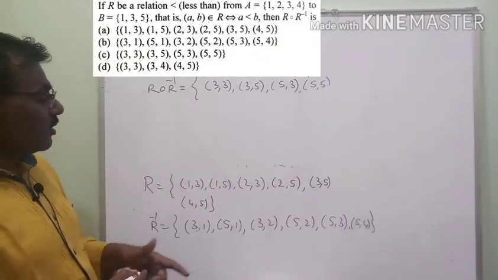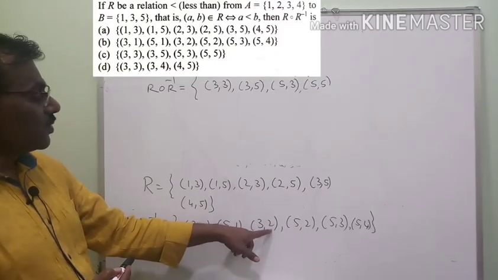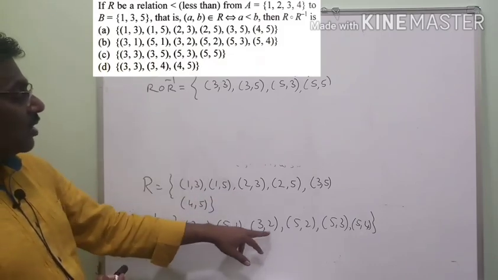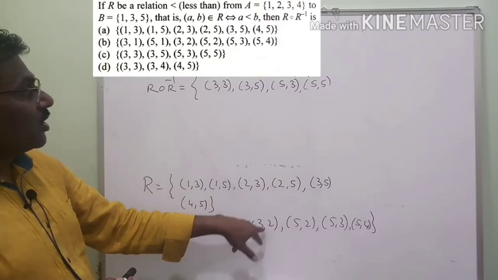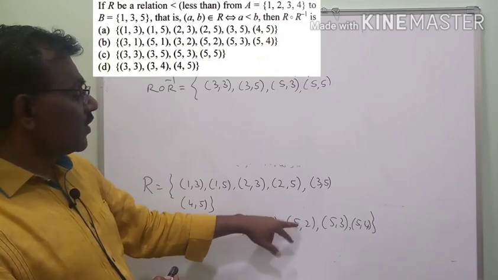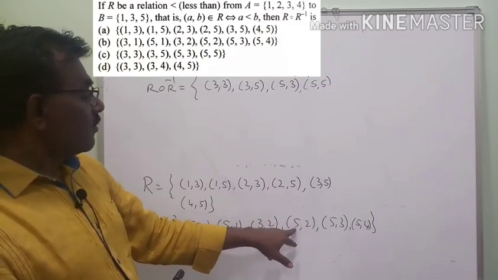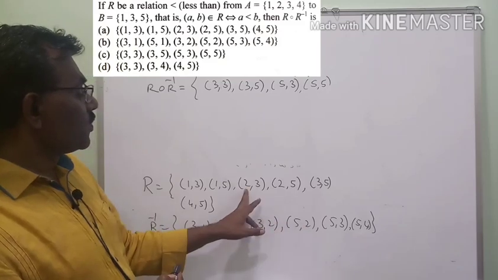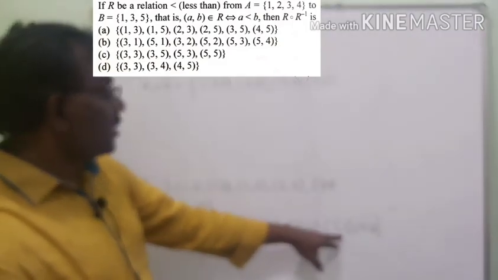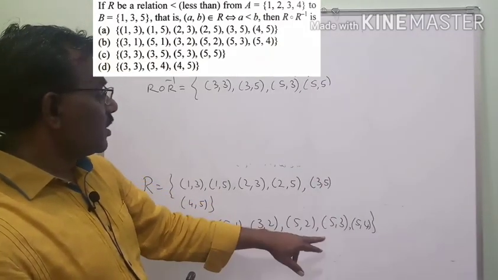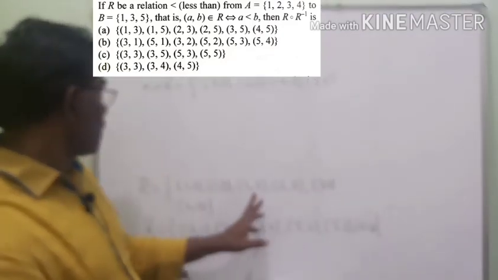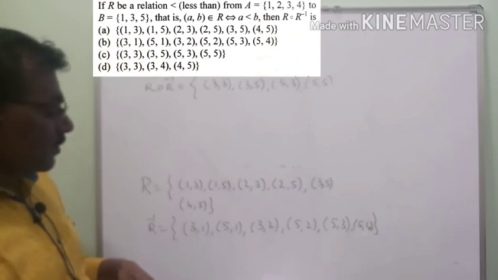Okay. 3 image 2, 2 image 3, I think 3 comma 3, repeated. 3 image 2, 2 image 5, 3 comma 5, repeated. 5 image 2, 2 image 5, 5 comma 5, repeated. 5 image 2, 2 image 3, I think 5 comma 3, this also repeated. 5 image 4, I think 4 comes.